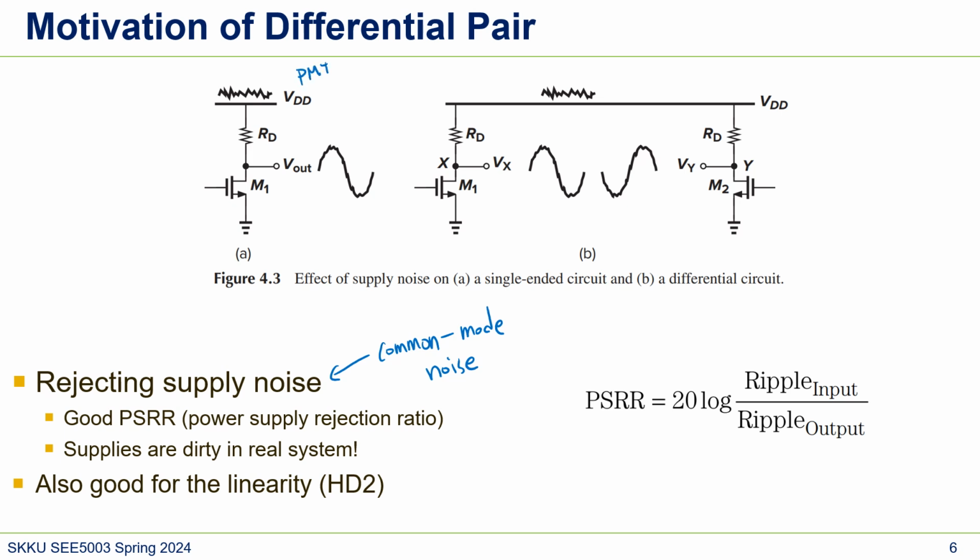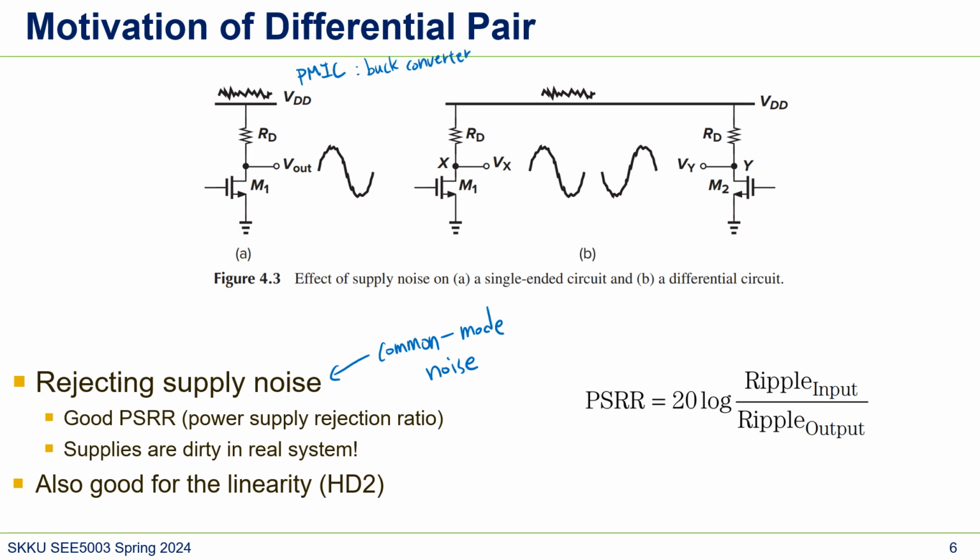PMIC means power management IC, which is a chip, and those are usually noisy. For example, this can be a buck converter.